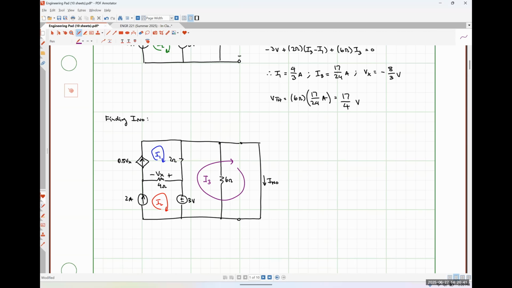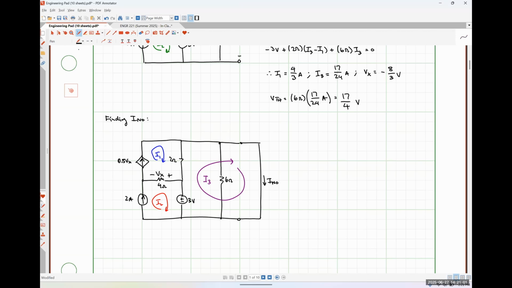And whenever our resistor is in parallel with a short circuit, we know that the voltage drop across it is going to be 0 because the voltage drop across a short circuit is always 0. And because the voltage drop across the resistor is 0, that means there's no current flowing through it either. So the 6 ohm resistor can just be neglected.